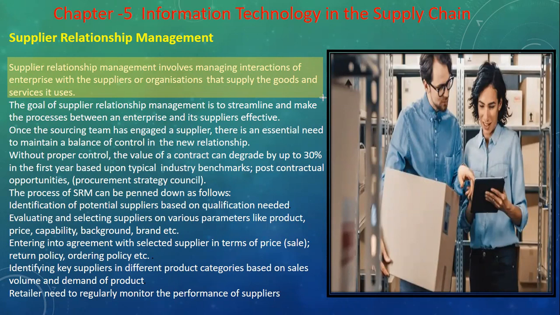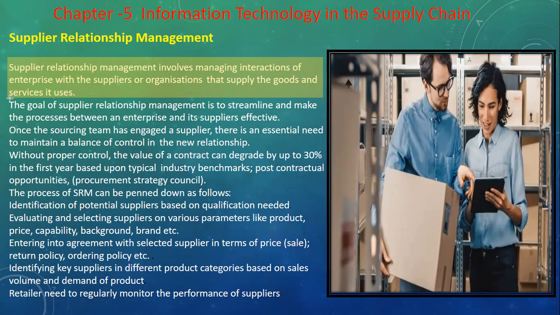The organization supplies goods and services, and the supply of goods can be checked for quality level and optimum output of the product.